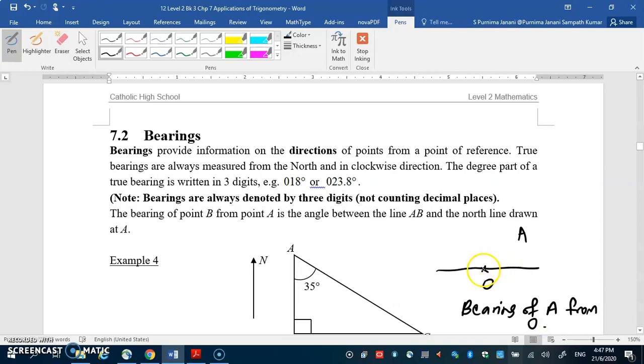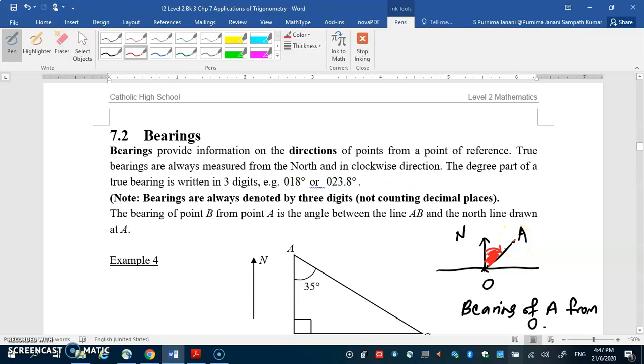You basically draw your north pole at O, draw a line from O to A, and then you find this angle here. For bearing, you always draw the north pole and then you go in a clockwise direction to find this angle until you hit OA. This will give you the bearing of A from O.